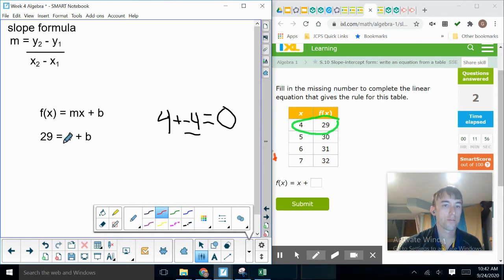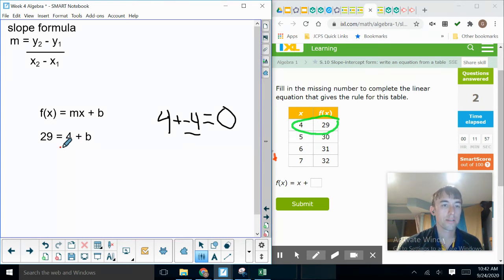So 4 plus its 0 pair, or its inverse, is just like subtracting 4. To keep the equation balanced, if I subtract 4 from one side, I need to subtract 4 from the other side of the equal sign.